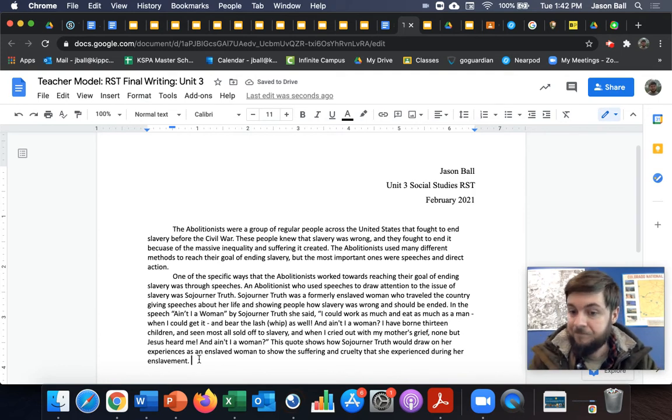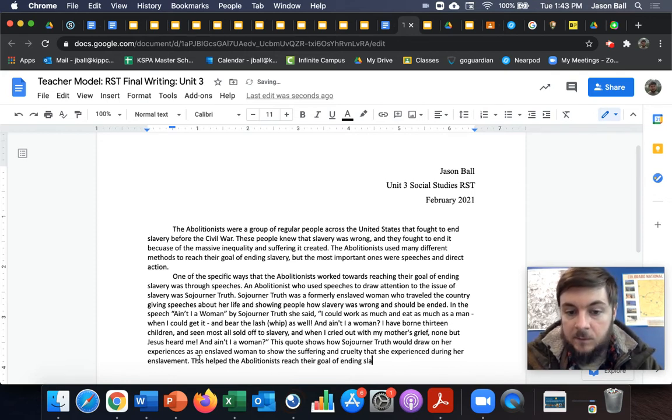But next, I have to explain or tie back how this relates to the assertion of, this helped the abolitionists reach their goal of ending slavery because, and then explain that in words.